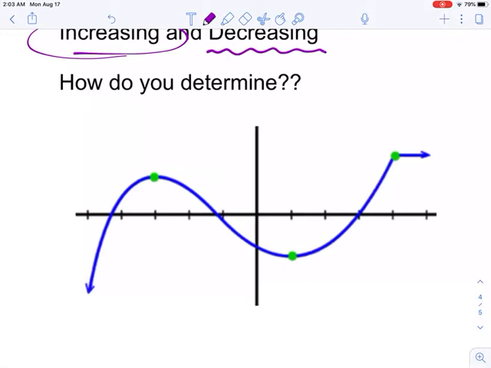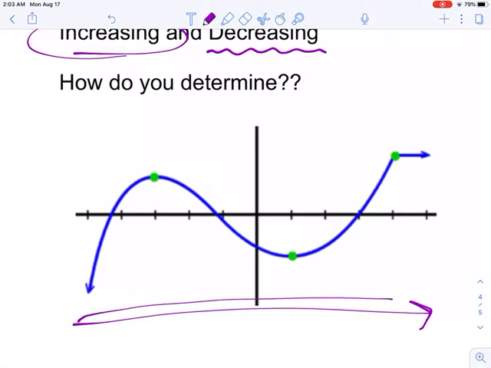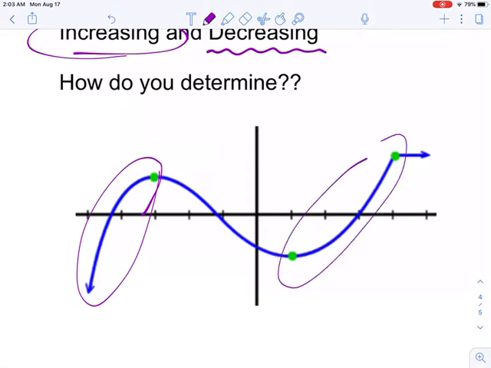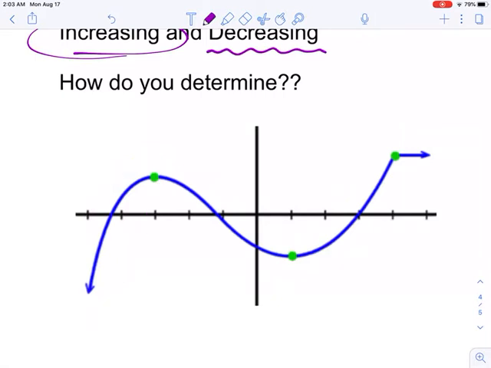So as we go from left to right with our x values, we need to look for y values that get bigger to determine increasing intervals, like this guy right here. As we go from left to right, our y values get bigger. Same with over here. And then for decreasing, from left to right, we need to look for y values getting smaller, like in this chunk right here.